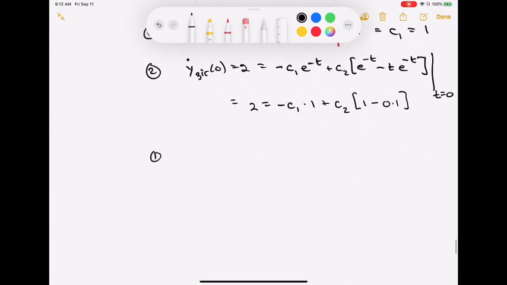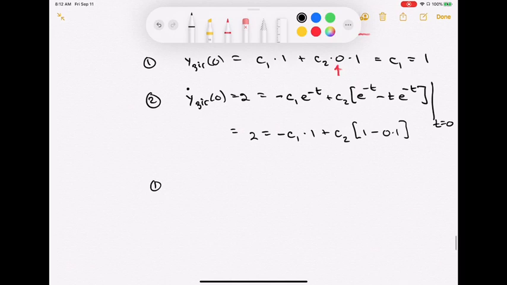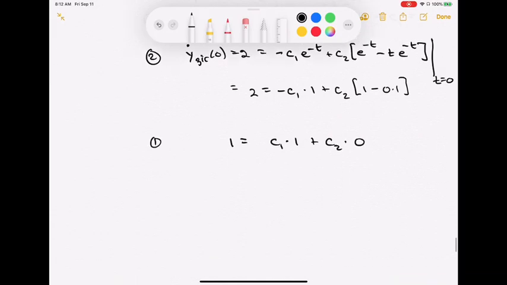From equation 1, I'm going to get 1 equals c1 times 1 plus c2 times 0. And on the second equation, I'm going to get 2 equals minus c1 times 1, and I'm going to have here plus c2 times 1.